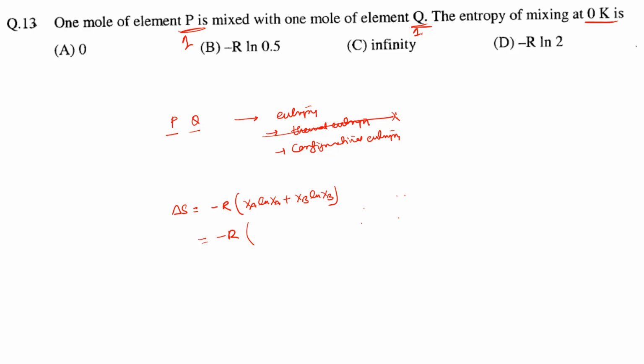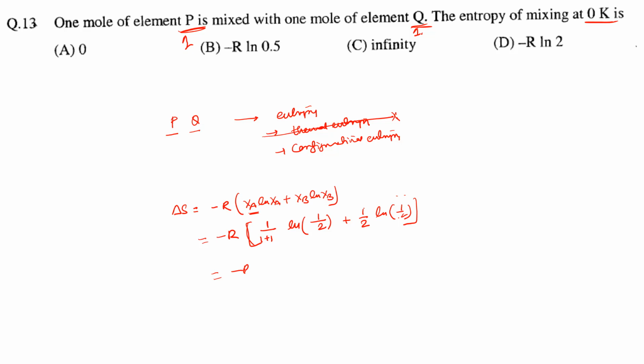So XA, let us consider A as P. What will be the mole fraction of P? It will be 1 mole of P divided by 1 plus 1, simple. So it will be 1/2 ln 1/2, plus XB will be 1/2 ln 1/2. No issue?